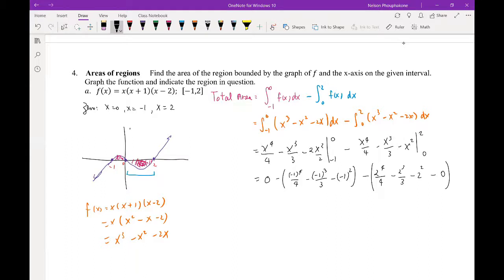Okay. Then now let's try this. So I will have -1/4 minus 1/3 plus 1 minus 16 over 4 plus 8 over 3 and then plus 4.